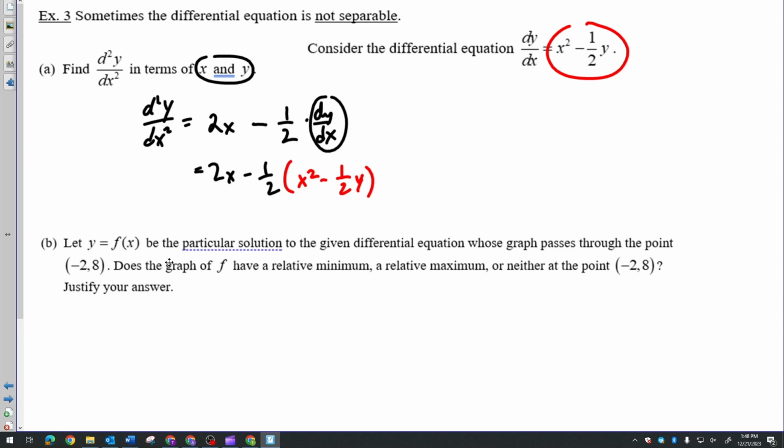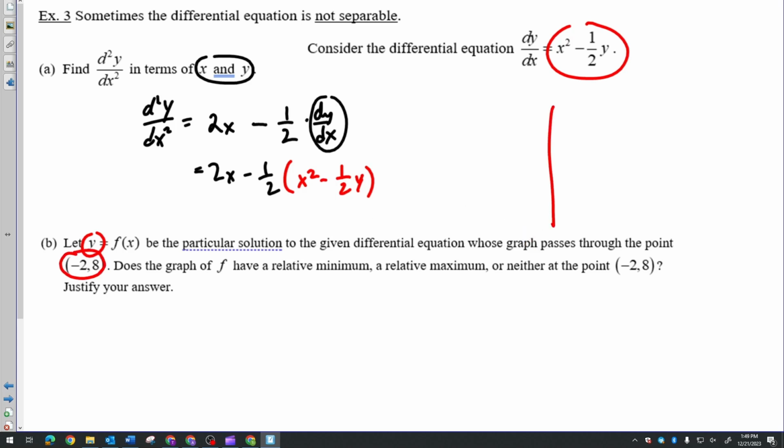The next thing I want to do is answer this question here. It says let y be the particular solution. So you don't have to solve for y, but they're saying y is the particular solution whose graph, so the graph of y, passes through the point negative 2, 8. So you know this point is on the solution, whatever it is.